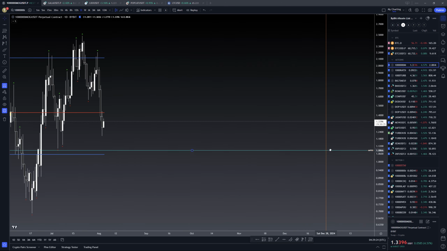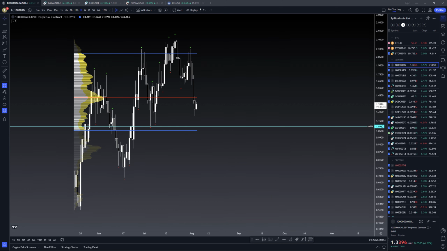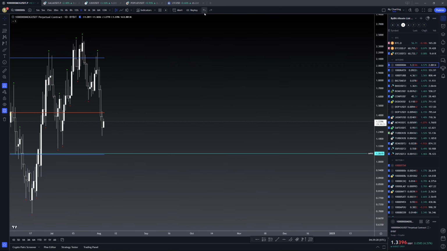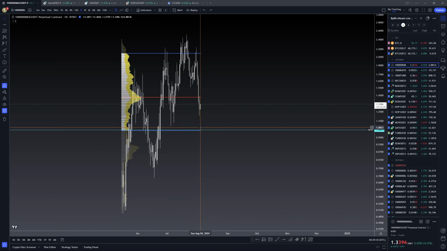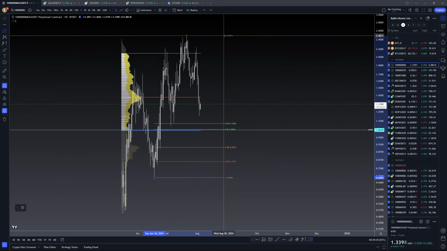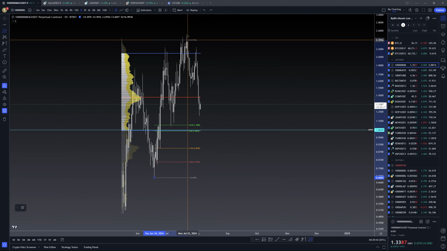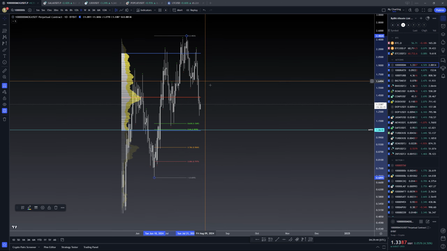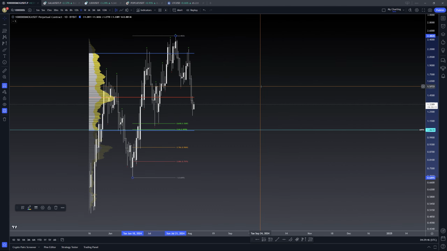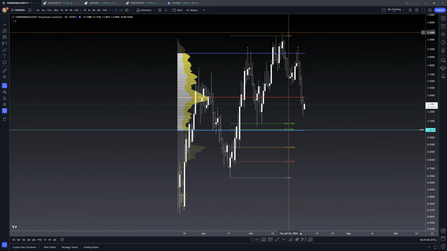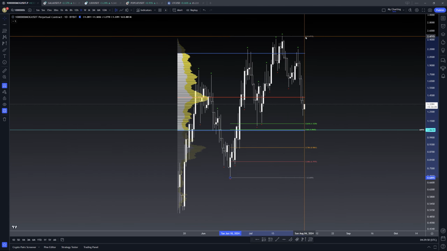Oops, we moved this by accident. Right off the bat, global value area low is coming into play here. We can take this from high to low, and I like to be accurate on this because they move in such small moves. 2.4820.